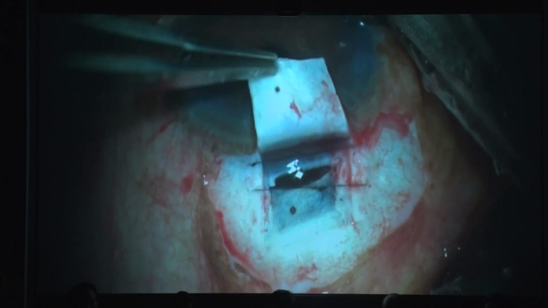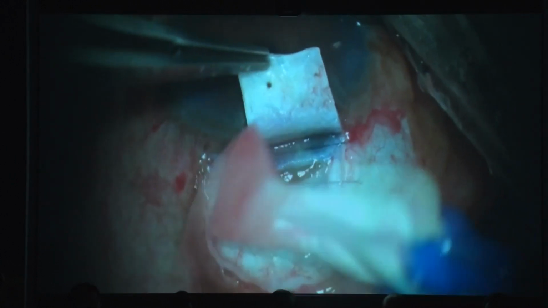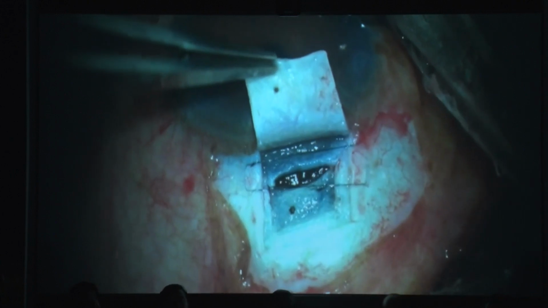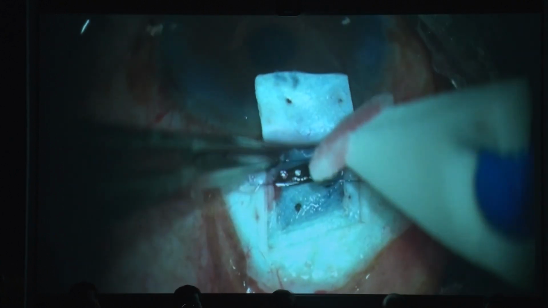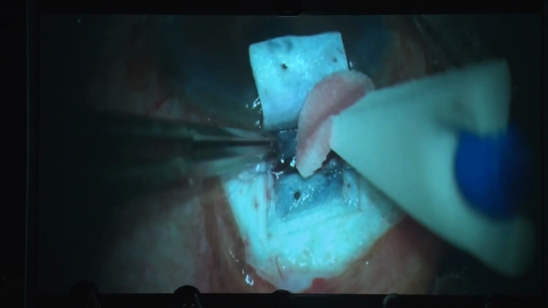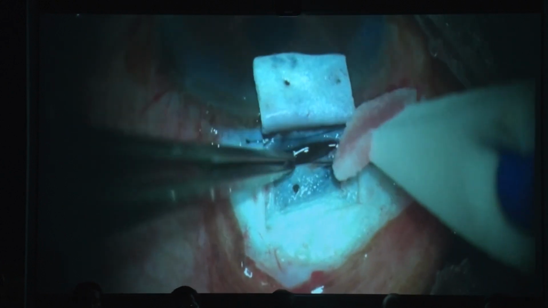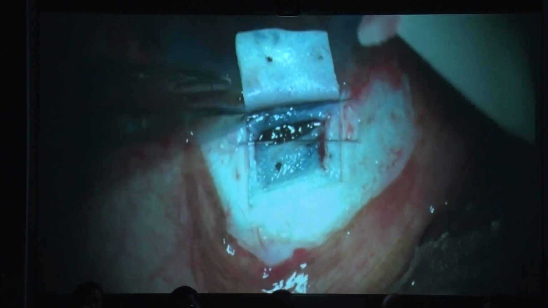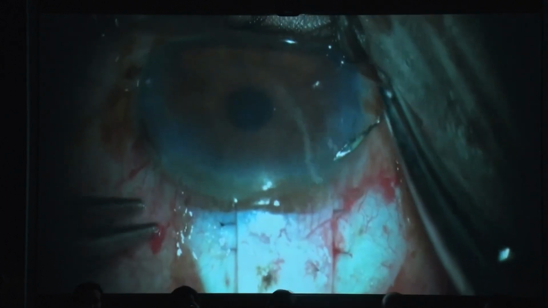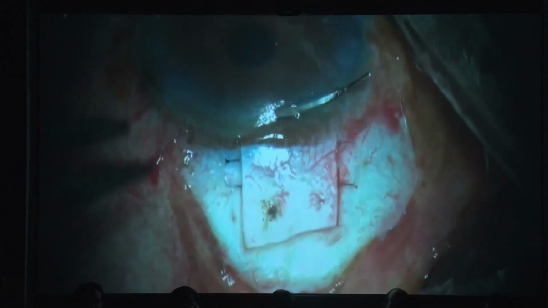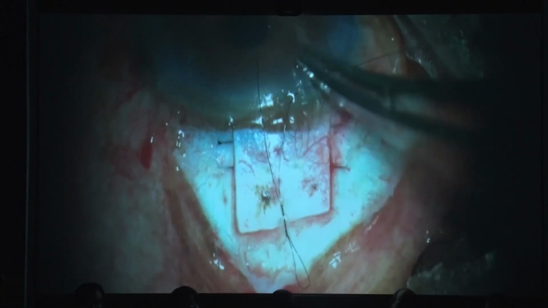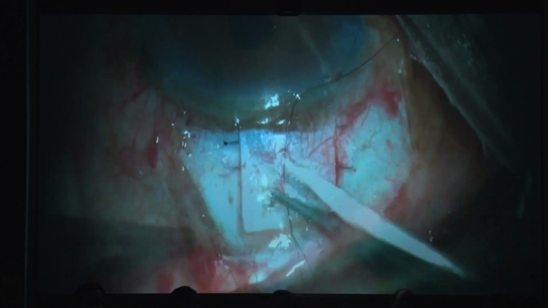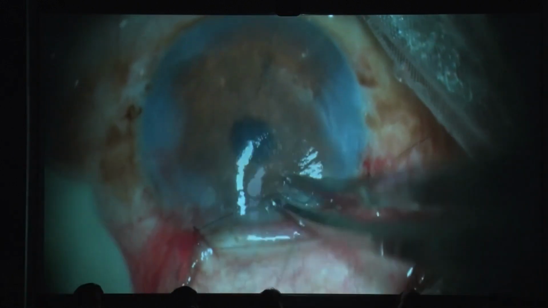After that, the superficial scleral flap was reposited over the suture and secured with 10-0 nylon suture, with or without releasable suture, and the knot should be buried. And the conjunctiva is carefully closed with interrupted 10-0 sutures.